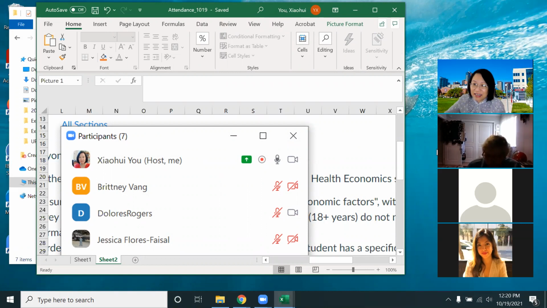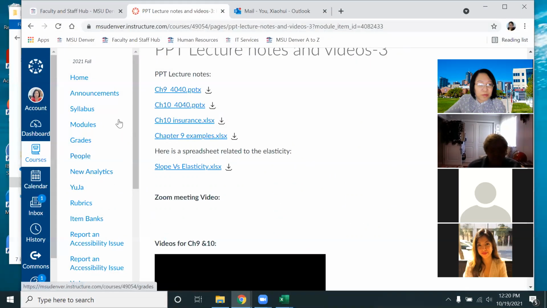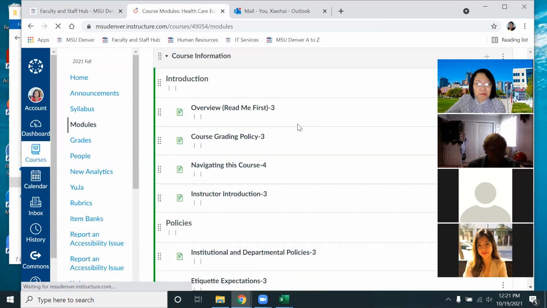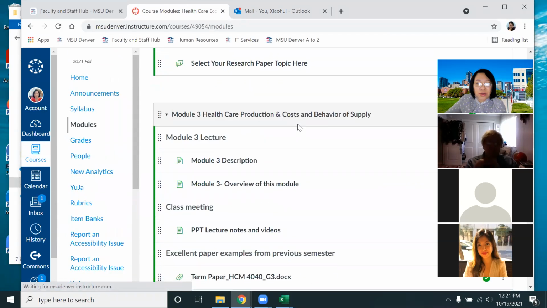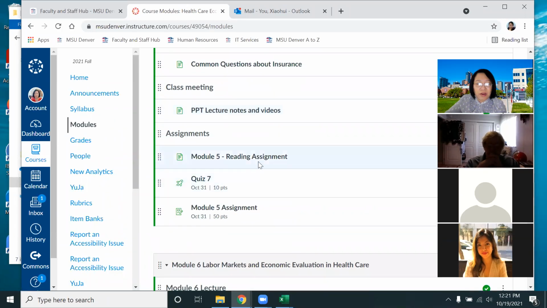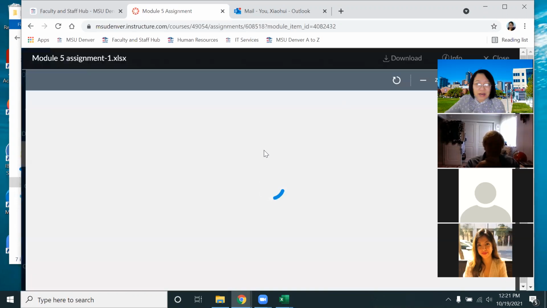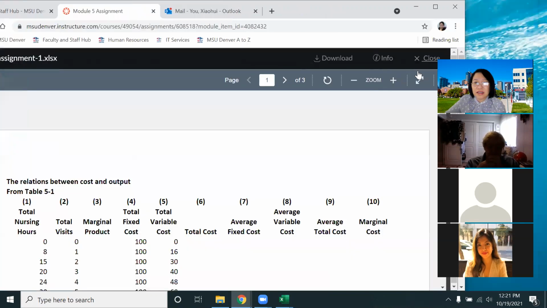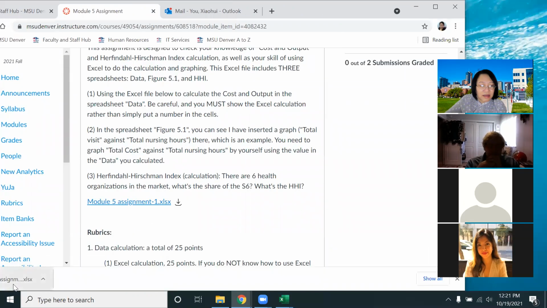I looked at the assignment for module 5, and it looks like it doesn't have all of this extra, like the slope and the elasticity and everything. It just has the data, graph and the HHI. Is that correct? Yes, that one, honestly, I just wanted you guys to practice the calculation again.